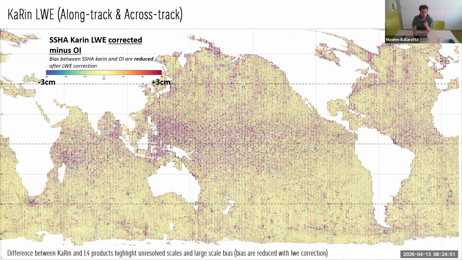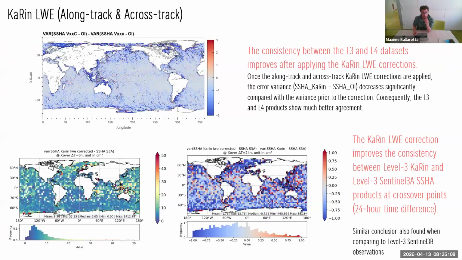difference. So qualitatively, we have a better coherency between the level 4 product and the level 3 SSH from Karin corrected for this long wavelength error. Quantitatively, this is illustrated here on the upper top panel.